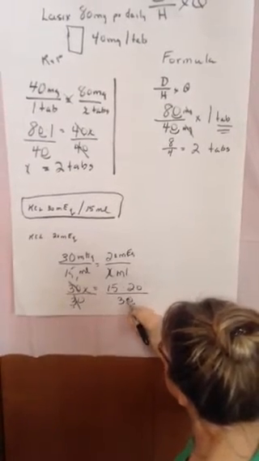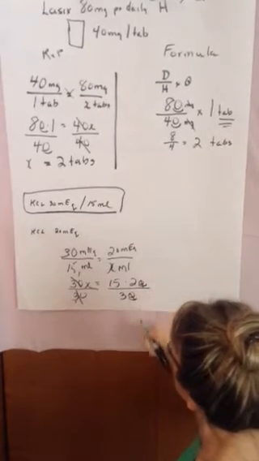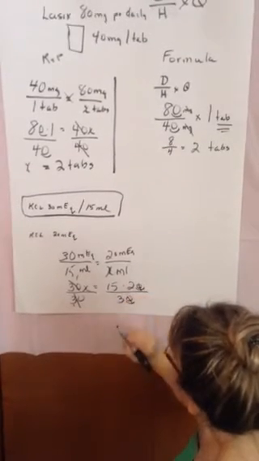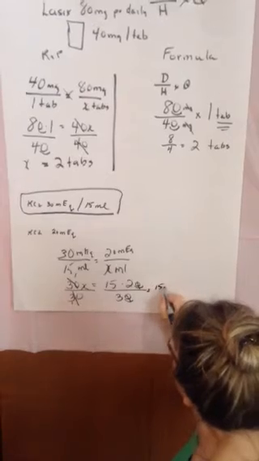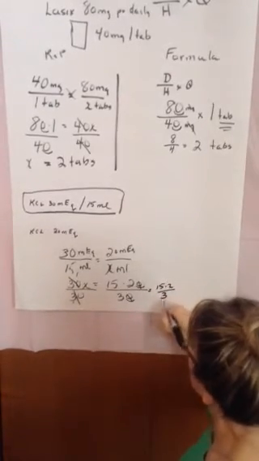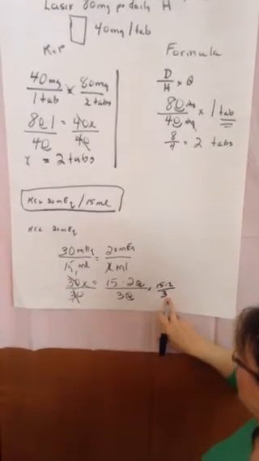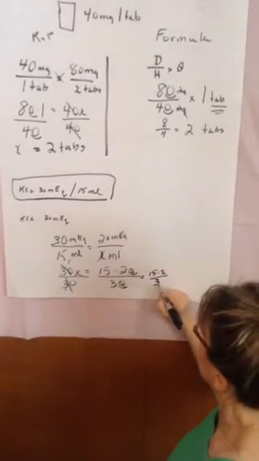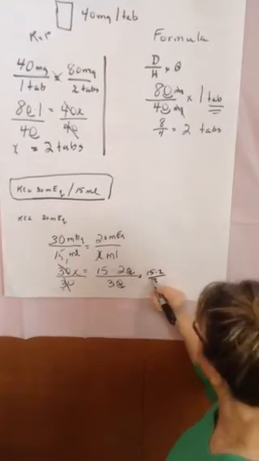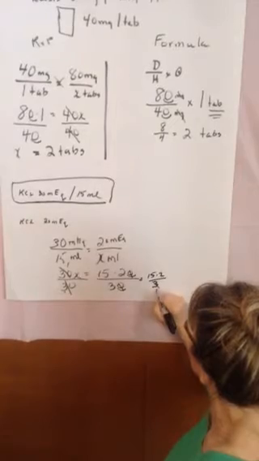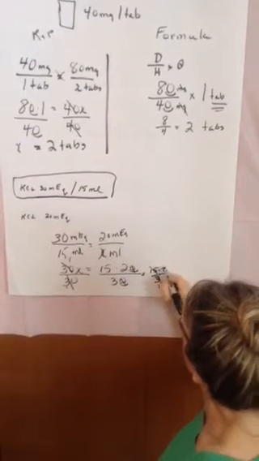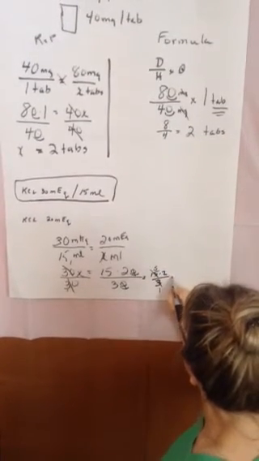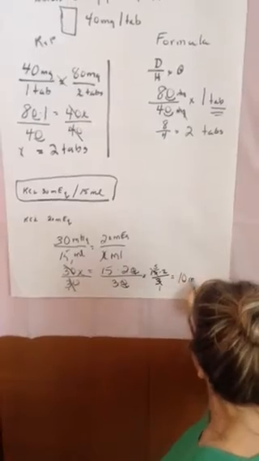So divide by 10, divide by 10. So now I have 15 times 2 divided by 3. But I know that 3 goes into 15 five times. So 3 goes into 3 once, 3 goes into 15 five times, and my answer is going to be 10 mils.